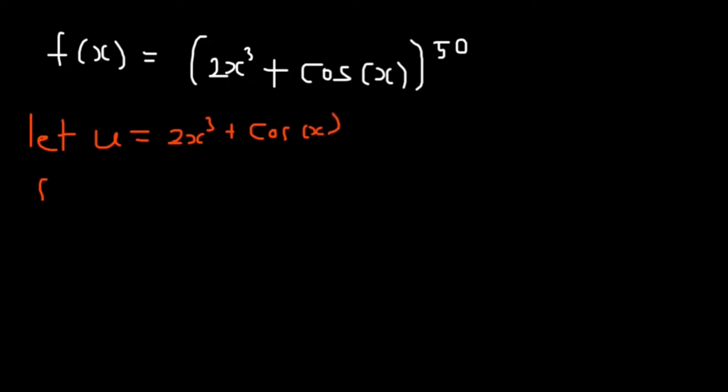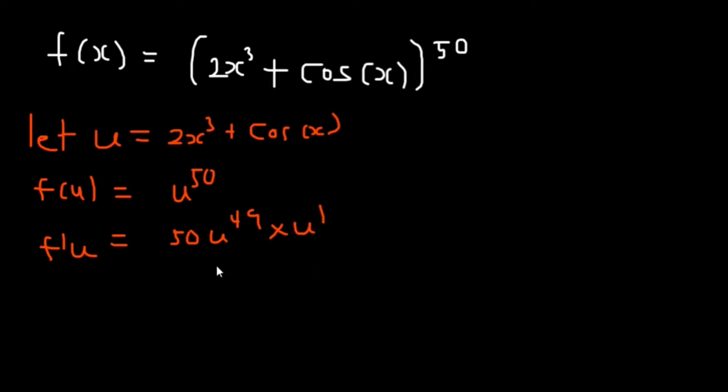Then my expression becomes f of u equals u to the power 50. The first derivative, f prime of u, will be 50 times u to the power 49 times u prime.